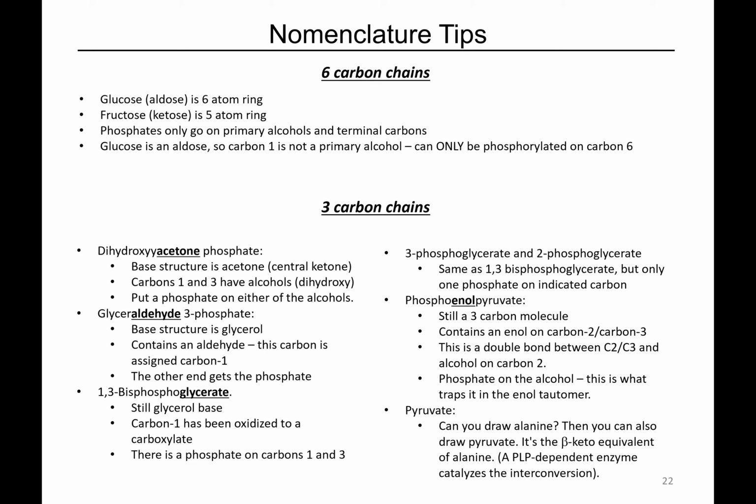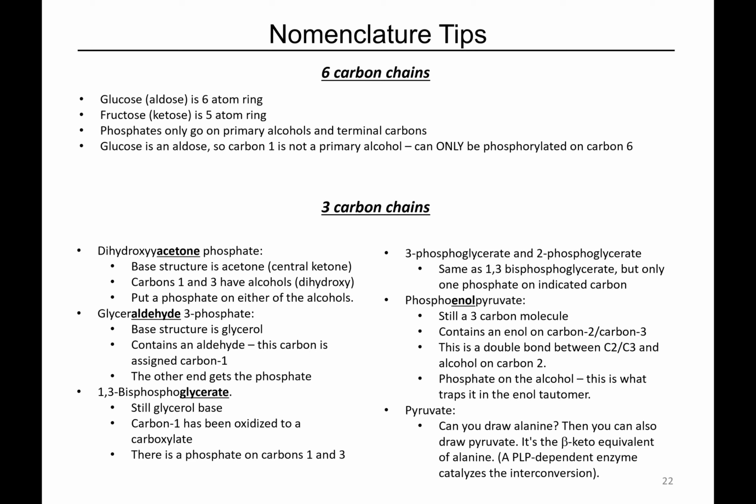Remember, alanine is the amino acid with a single methyl group side chain. So alanine is this. Pyruvate is the equivalent of this. Okay, by that all I mean is remove the amine and replace it with a ketone.